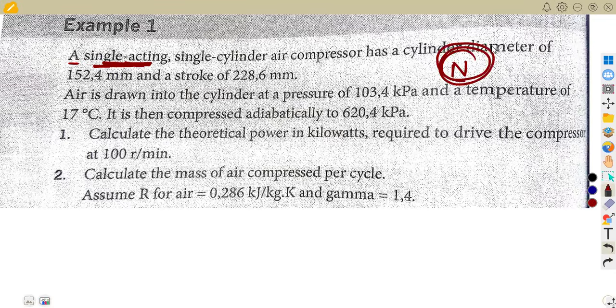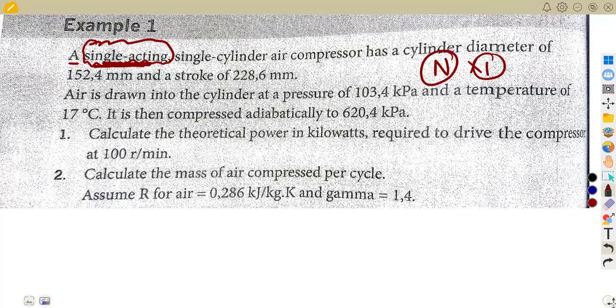Remember, the speed is the one that is affected by being single acting or double acting. When it is single acting, you just take your speed as it is. But if it is double acting, you multiply your speed by 2. So here it's single, so your speed is as it is.